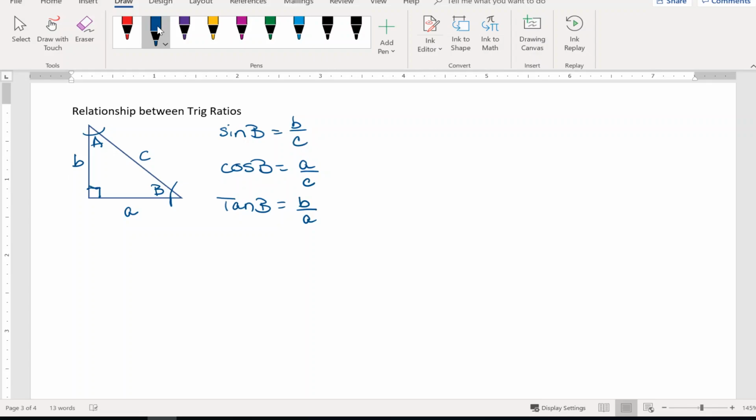Now let's take a look at these for angle A. So sine of angle A is equal to the opposite over the hypotenuse. This is the same thing as the cosine of B. Let's take a look at cos A now.